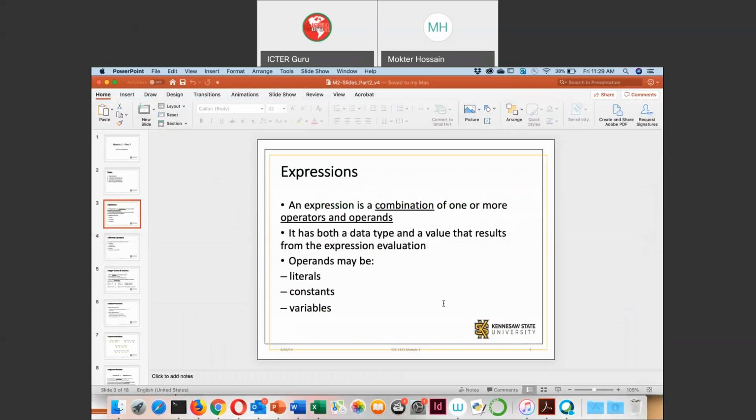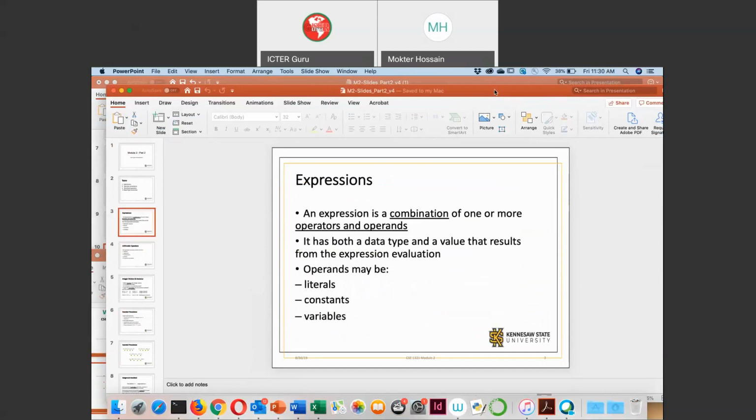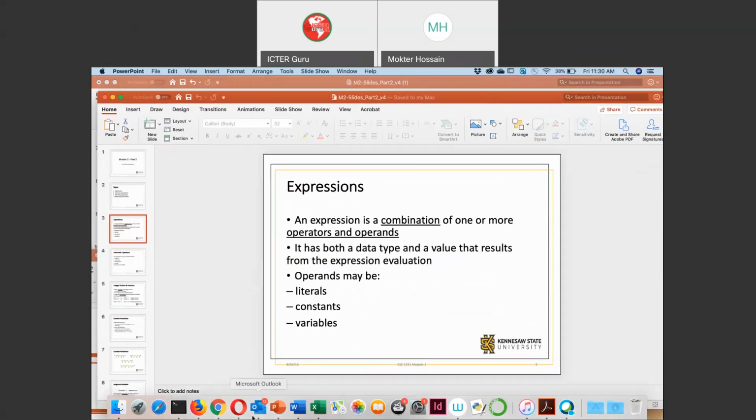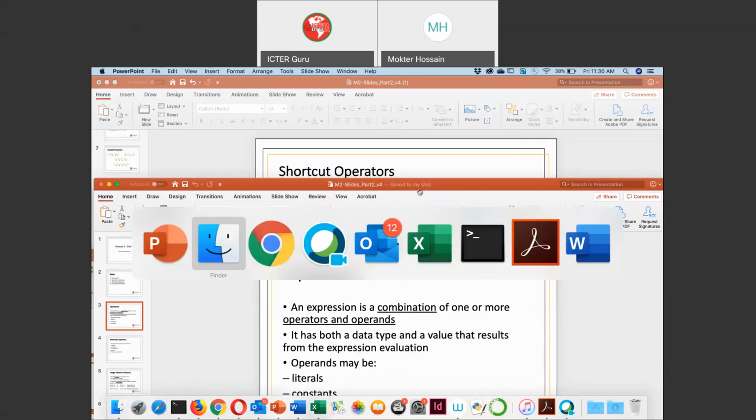An expression is a combination of one or more operators and operands. We are familiar with operators, operands and expressions from very early. Let's see, what is my slide?